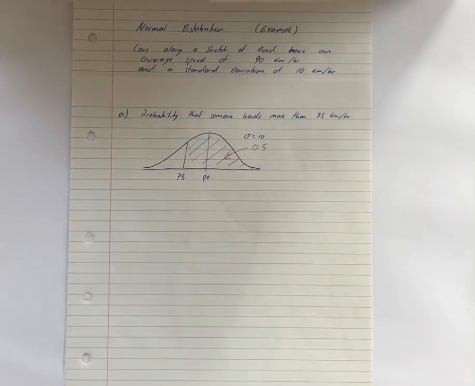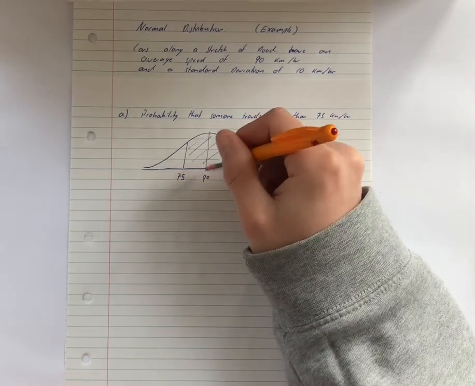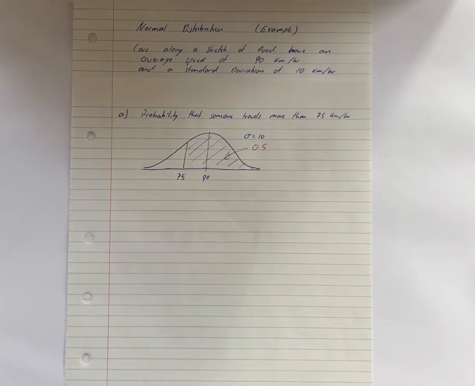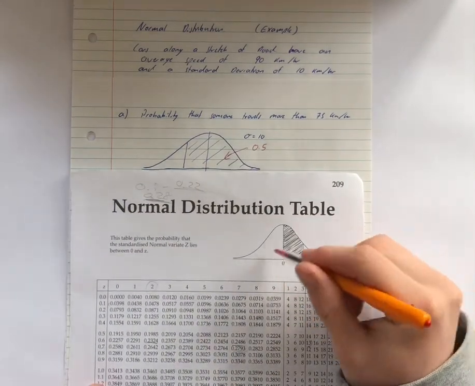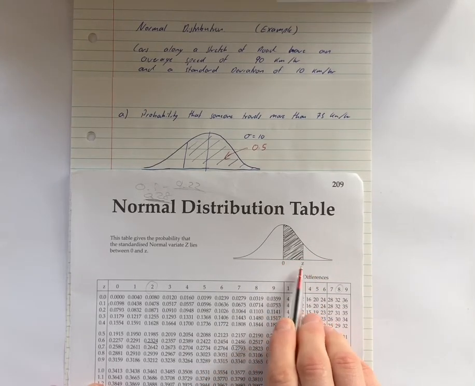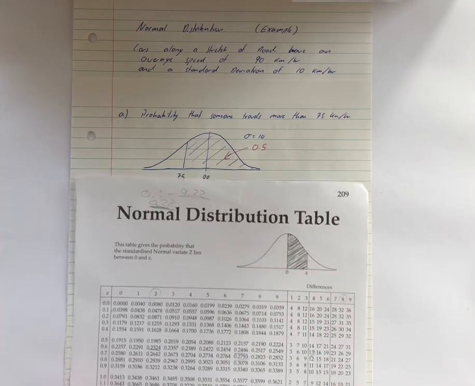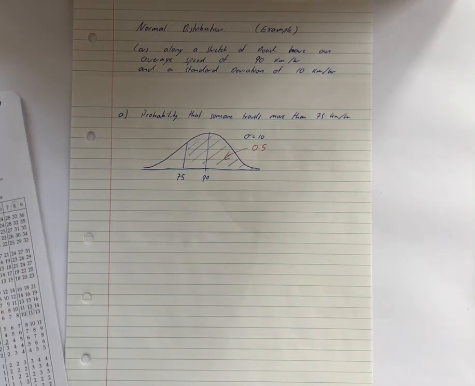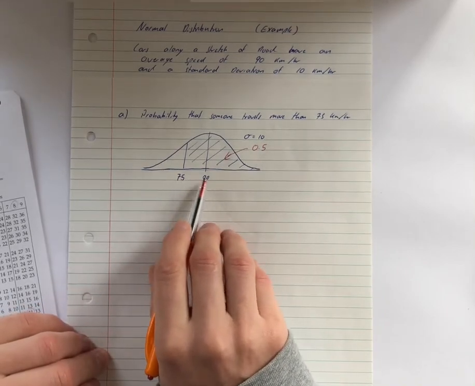So all we have to do is calculate the probability between 75 and 90, which is exactly what the normal distribution table does. You can see by the diagram that we're given, this gives us the probabilities between some number of standard deviations z and the mean. All we need to figure out though is how many standard deviations away this is.